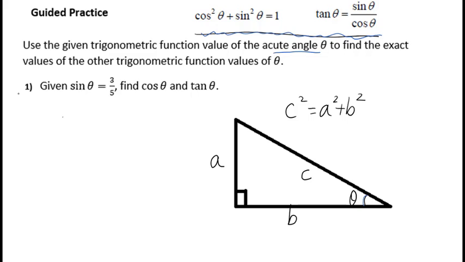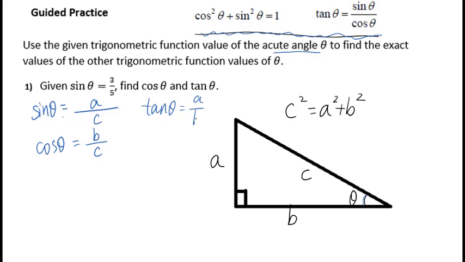Therefore, for sine theta, we know opposite over hypotenuse, that's A over C. For cosine theta, that equals B over C. And tangent theta equals A over B. Since this is a right triangle, we have C squared equals A squared plus B squared.